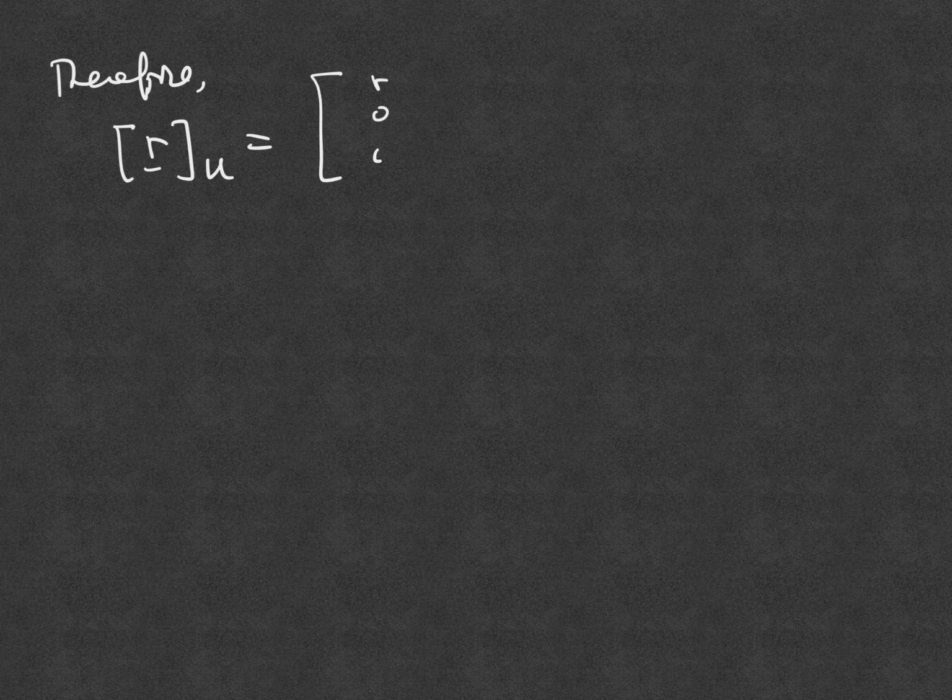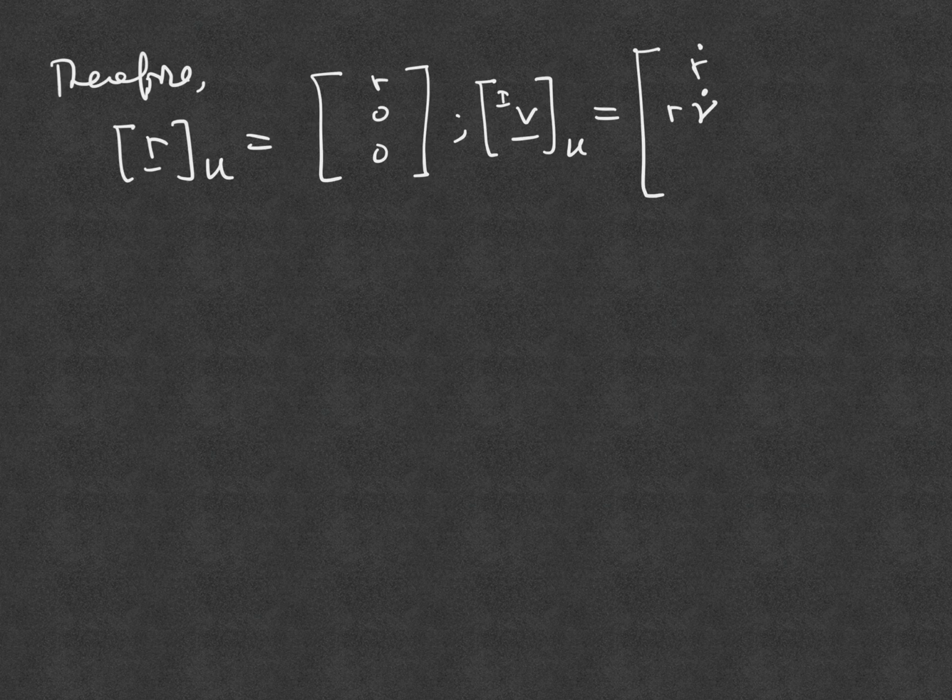So therefore, R expressed in U is equal to R, 0, 0, and V_I expressed in U is equal to R dot, R nu dot, and 0.